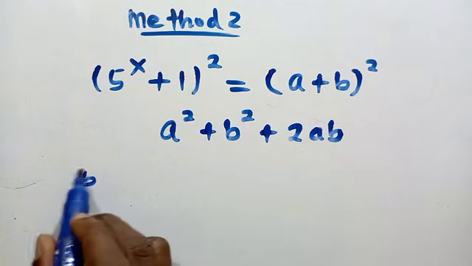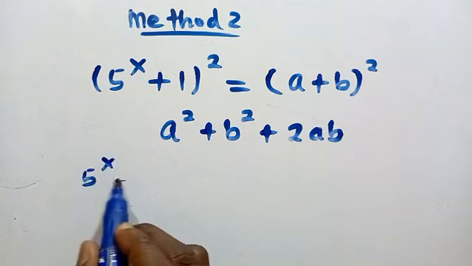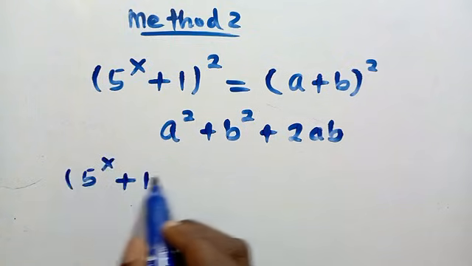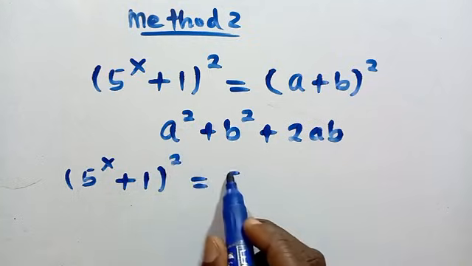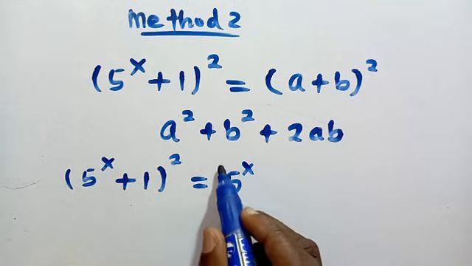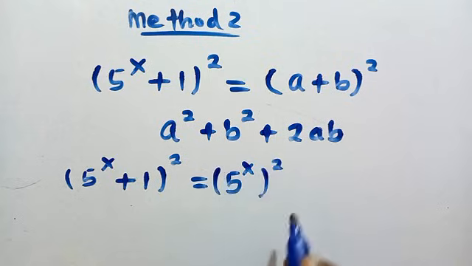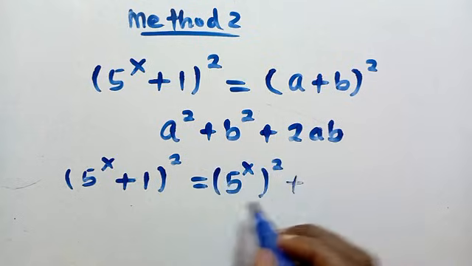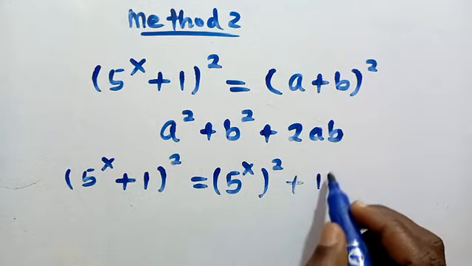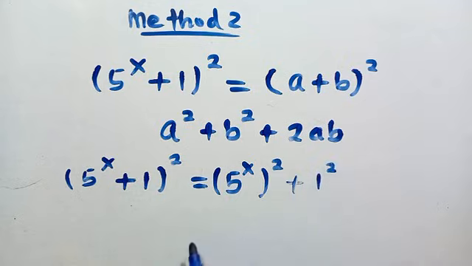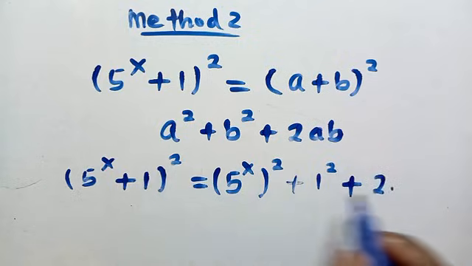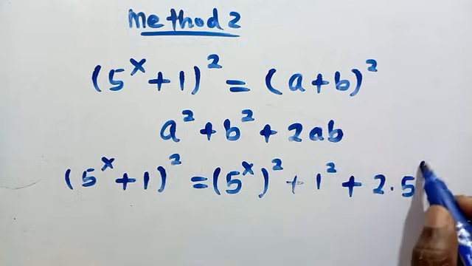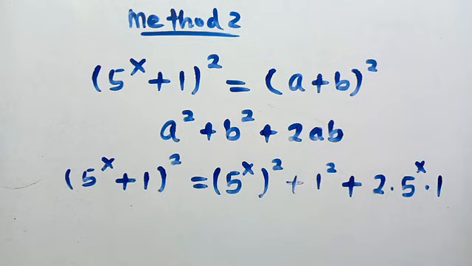Therefore, we have 5 power x plus 1 raised to the power of 2 equals a, which is now 5 power x, raised to the power of 2, plus our b here, which is 1 raised to the power 2, and plus 2 times a, that is 5 power x, times 1, which is our b.